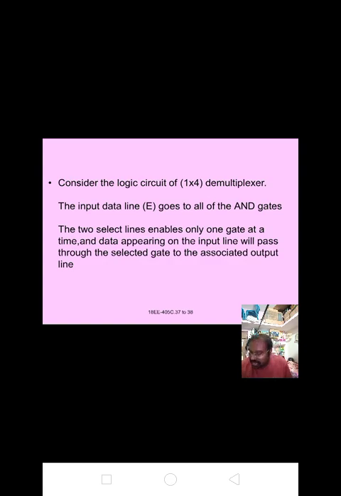CMOS demultiplexers are 4556, a 1x4 DMUX, and 4554, a 1x8 DMUX. This is the information regarding the 1x4 demultiplexer and 1x8 demultiplexer.